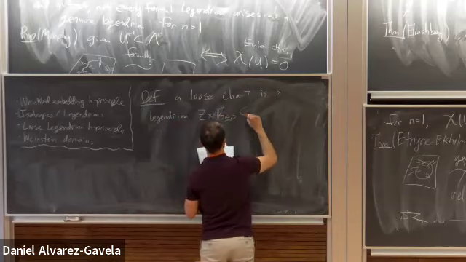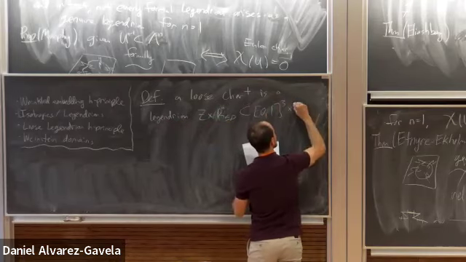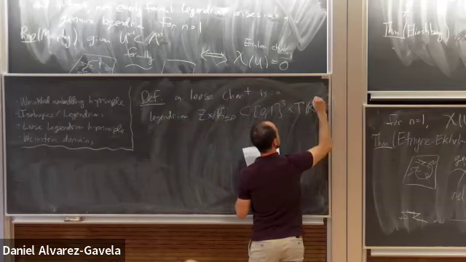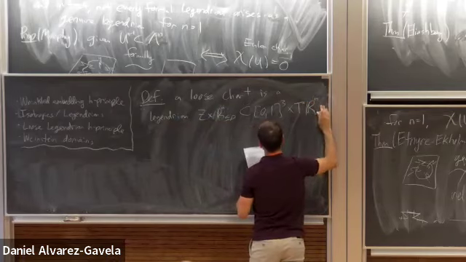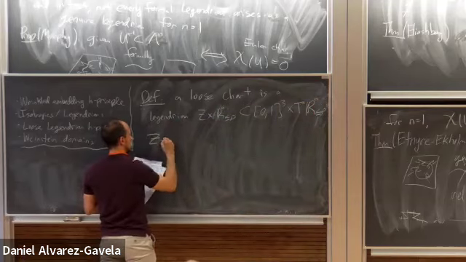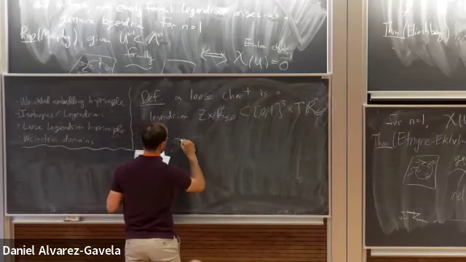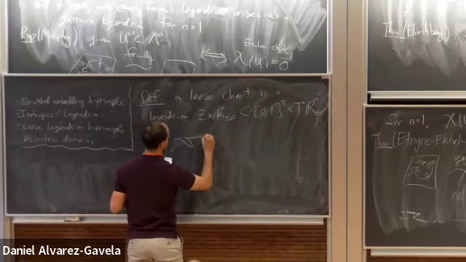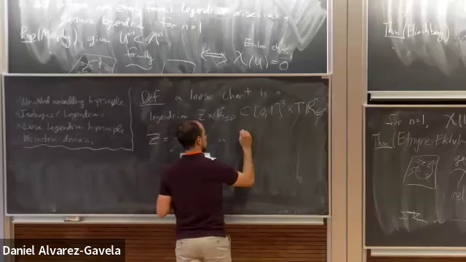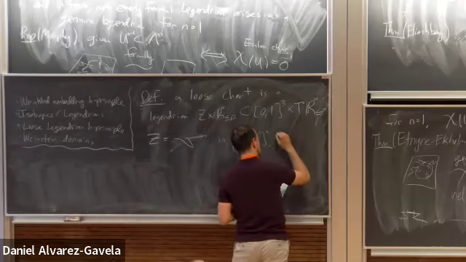Maybe this is not the best notation. Here Z is this zigzag. Maybe it's better to draw it like this, in this cube with the standard contact form.